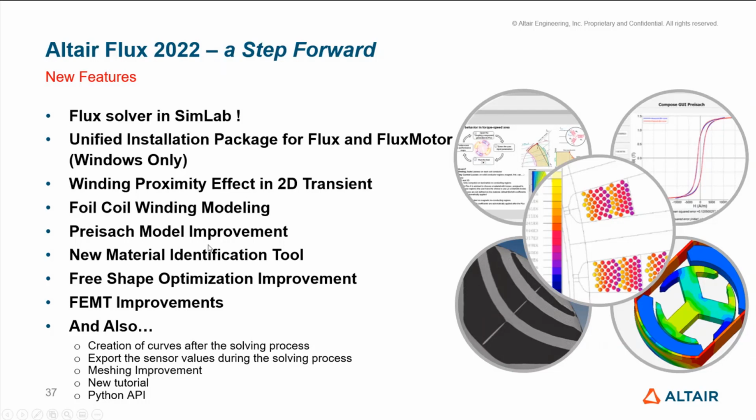And we are also trying to give a much better user experience, for example, by giving a unified installation package for Flux and FluxMotor. And we have also made some improvements in the PySec model, the material identification tools, free shape optimization, something like that.